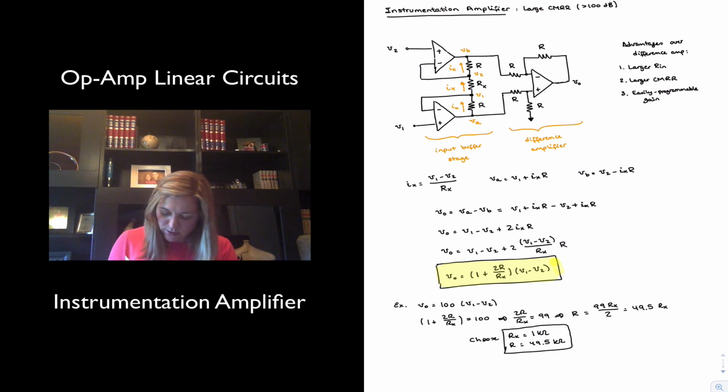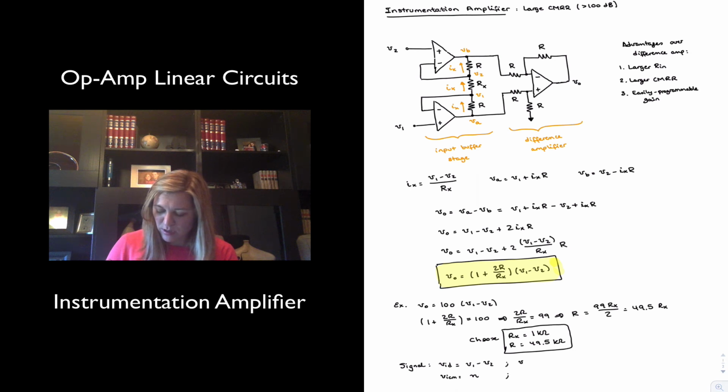Now, notice that in terms of circuit performance, the most important performance parameter being CMRR, I can express my differential input signal, in this case, my VID, as V1 minus V2. And let's imagine that I had some common mode signal, which I'm going to represent as N for noise, because typically when you have an instrumentation amplifier, you're trying to get rid of any common mode signal, so that wouldn't be considered part of your signal, but rather part of your noise.